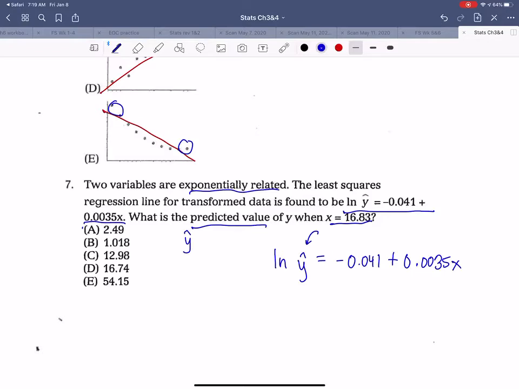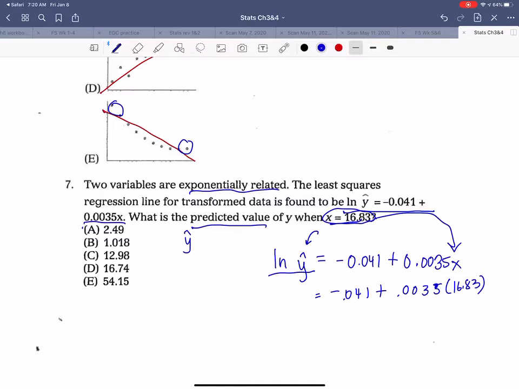They're not asking you to solve for the natural log of y hat. So I will have to do something to the number before I get my final answer. So they're really just asking you to plug this in. So when we plug this in, let's see what we get.